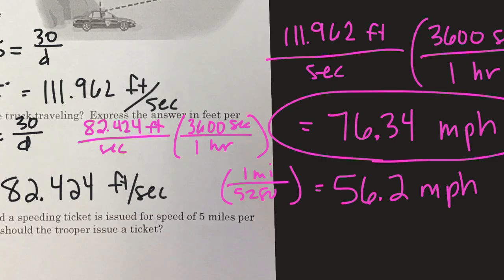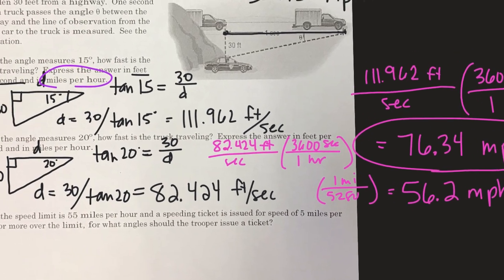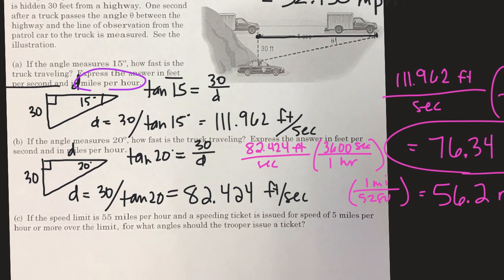And that comes out to be 56.2 miles per hour. Okay, so this time, technically he was not speeding, because this says we don't get a ticket until we go 5 miles per hour or more over the limit. So he's okay at 56 miles per hour, but originally at 76, that's speeding.